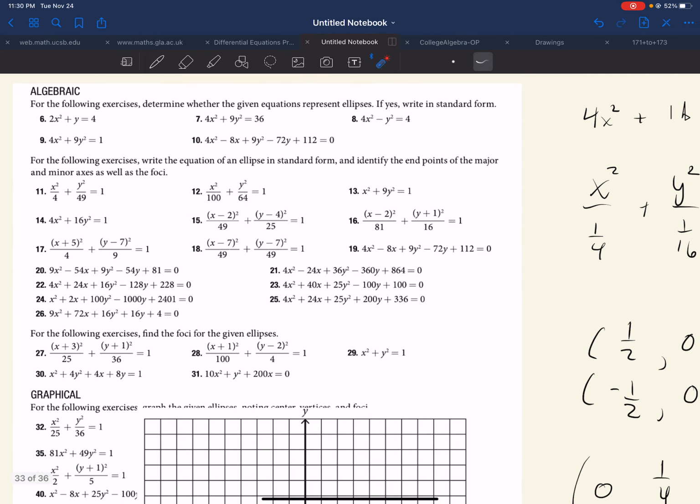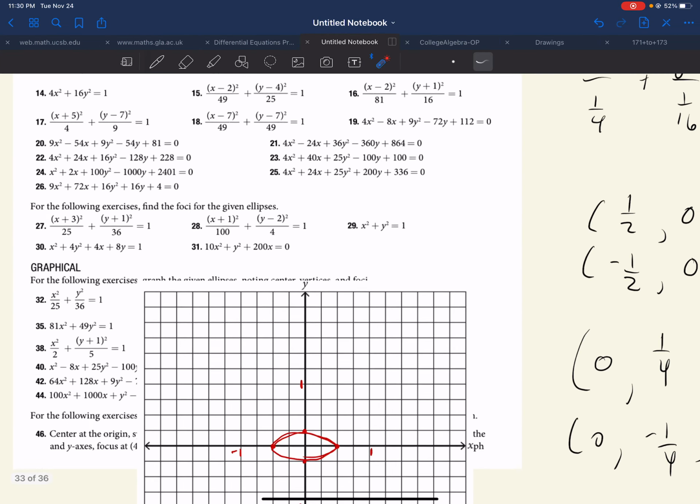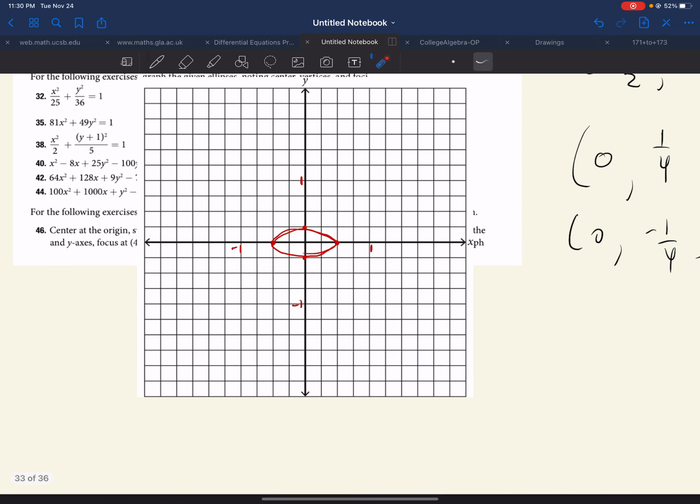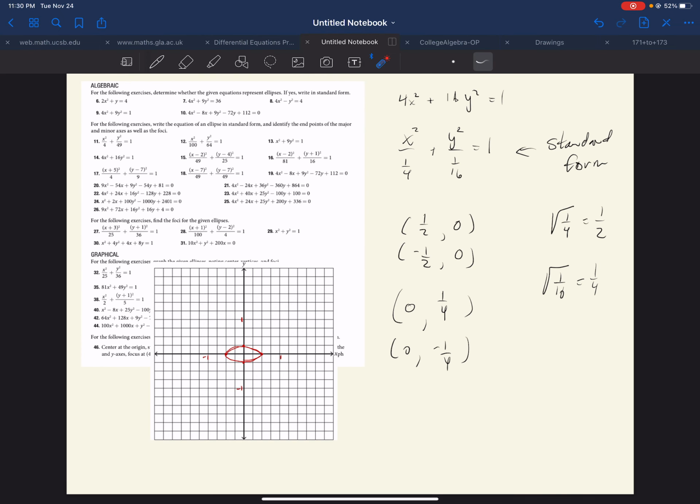It did say to identify the foci as well. So in that case, I know c squared is a squared minus b squared. So c squared should be a squared, a quarter, minus a 16th. And so 1/4 is 4/16.